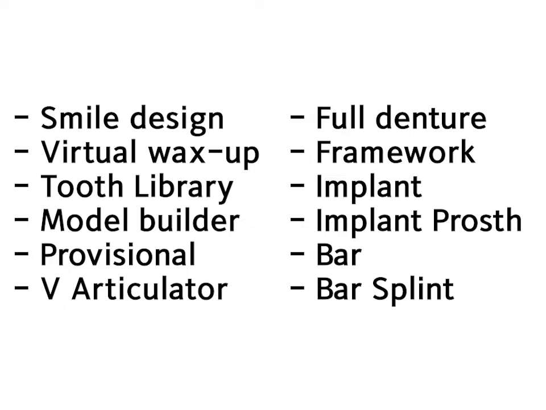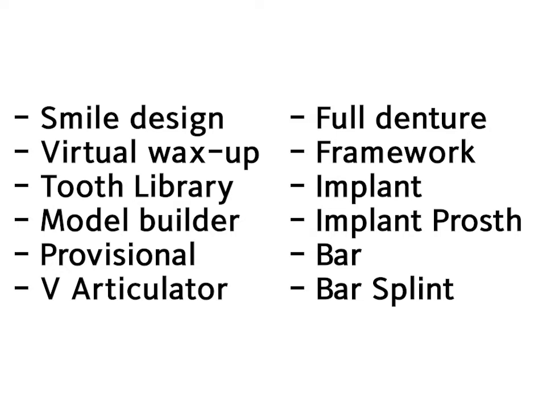Partial framework module. This type of module is designed to replace the classical lab technician work related to the fabrication of the wax patterns used to cast metal frameworks of removable partial dentures. This technology, in combination with additive manufacturing, allows for much faster and more accurate results than those achieved with classical manual techniques.